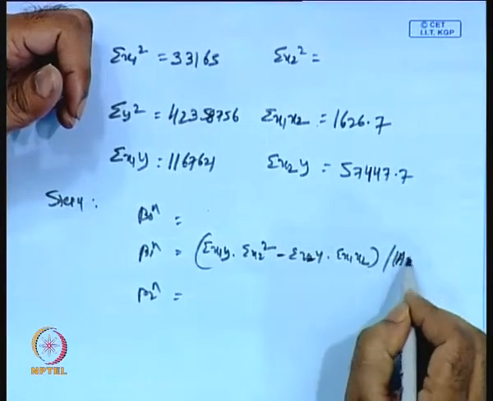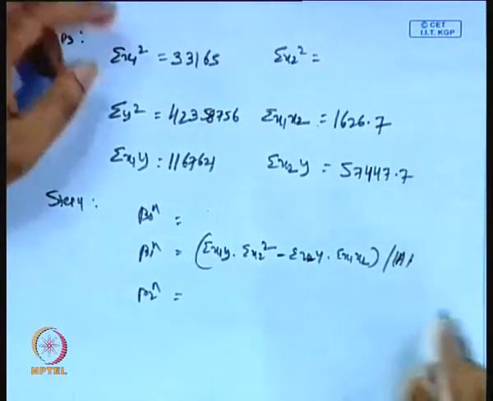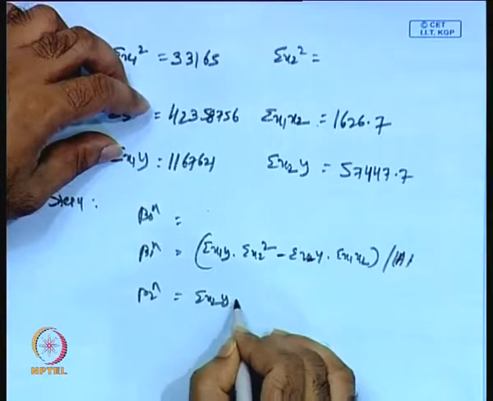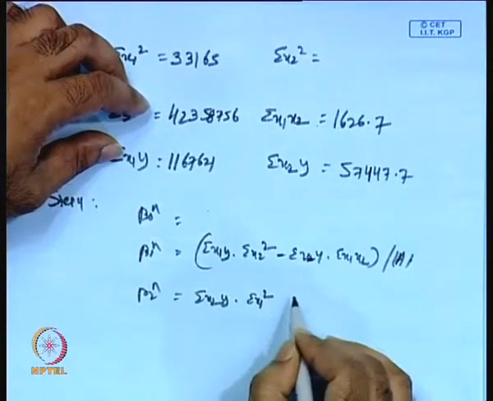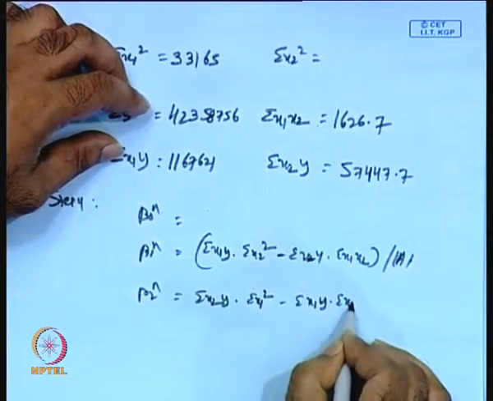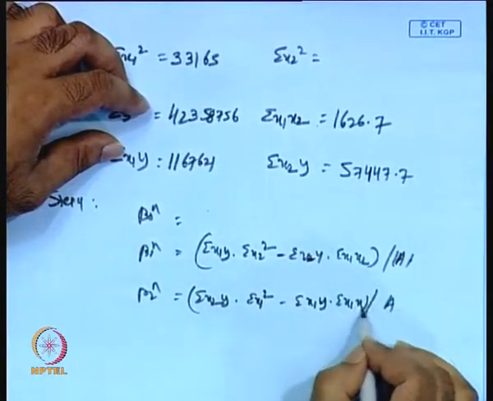That is called determinant A. Similarly, beta 2 hat is summation x2 y into summation x1 square minus summation x1 y into summation x1 x2, divided by mod A.